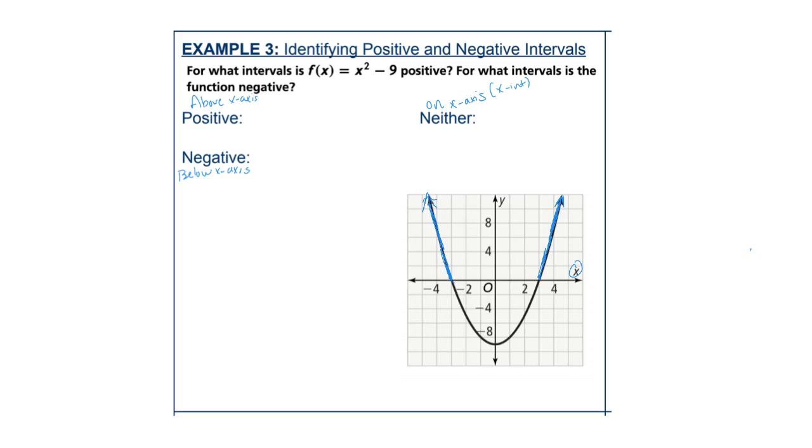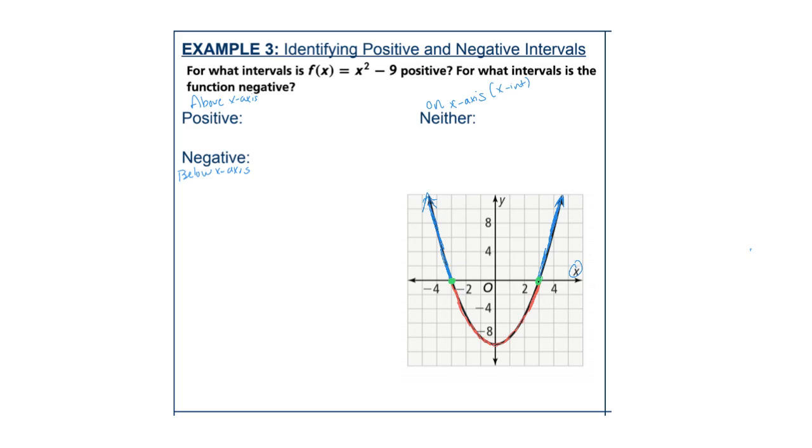Our negative I'll represent with red. So it's this part below the x-axis. So technically a negative y value. Any negative y values. Positive would be any positive y values. And then the neither where it'd be when y equals 0. So neither would be this point and this point.